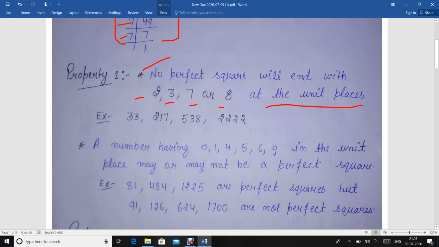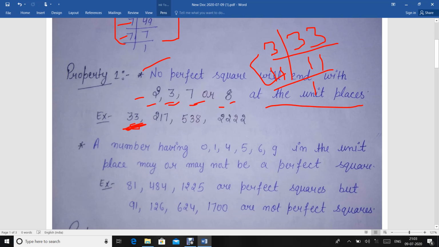Means if you have the numbers 2, 3, 7 or 8 at the unit place of a number, then it will not be a perfect square. See the example here, 33. As you know, 33 is not a perfect square. You can do the prime factorization of 33, that is 3 and 11.